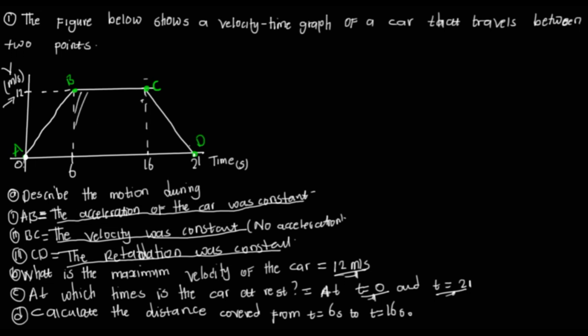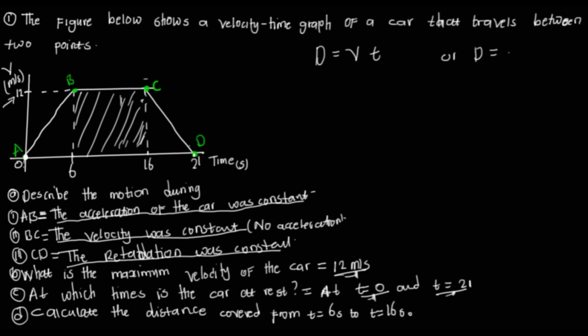So we are trying to find this distance covered here. The distance can be found by multiplying velocity times time, or we can also say distance can be found by finding the area under BC.